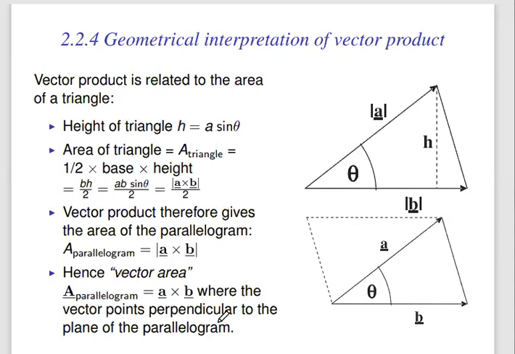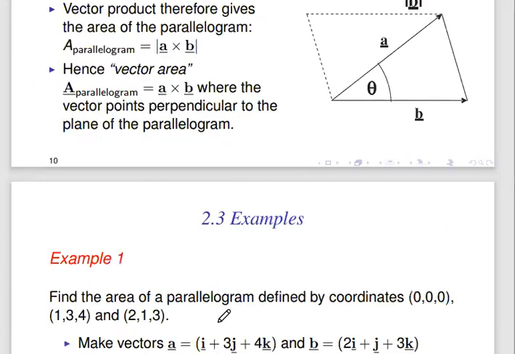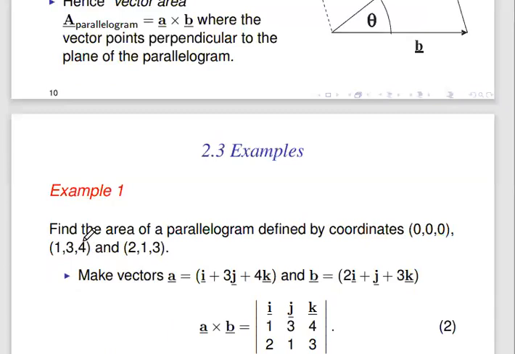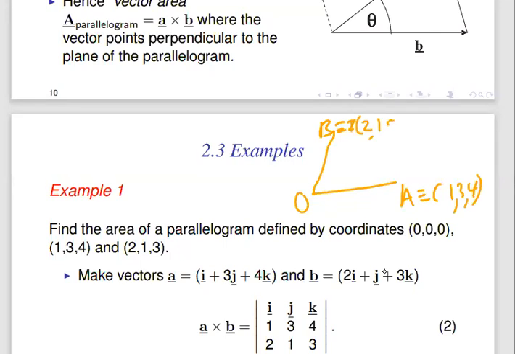Find the area of the parallelogram defined by these points, these coordinates. The origin is 0. This is A, a position vector 1, 3, 4. Another vector B is 2, 1, 3.